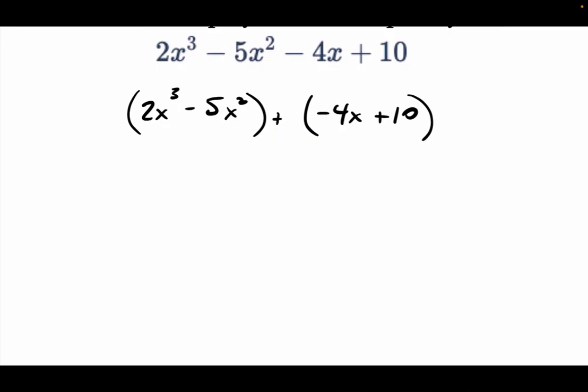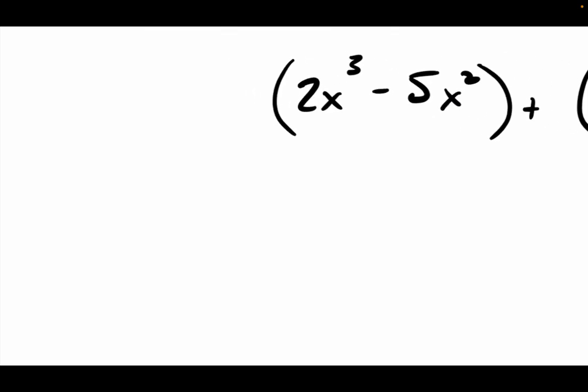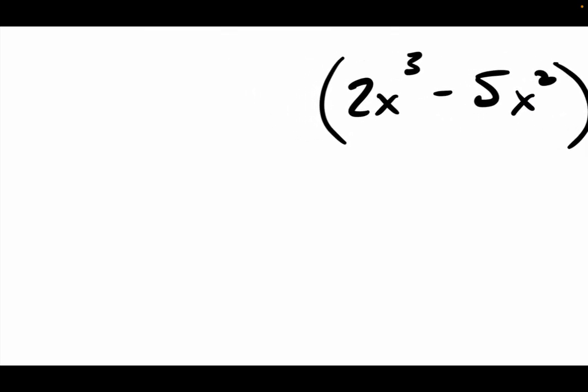Step 4, look at the first guy. Focus on the first guy. Is there a GCF in that guy? X, yeah, you can't divide by 2, but there is x squared, right? You can divide by x squared.